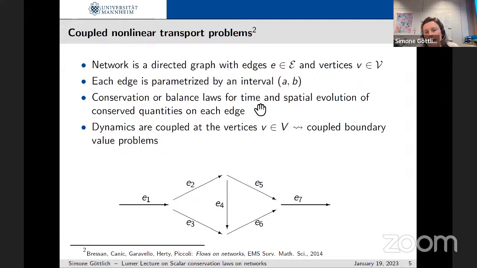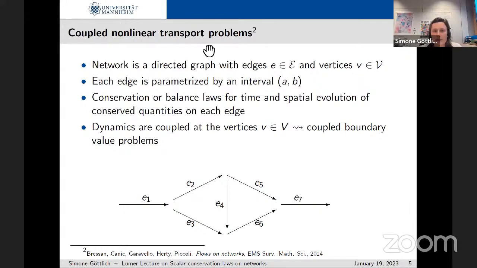This depends on whether we only consider one conservation law to describe the dynamics, or systems of conservation laws. Today I want to restrict to one conservation law only, describing the dynamics. This would be enough to go through all the details that are needed for the whole network setting.